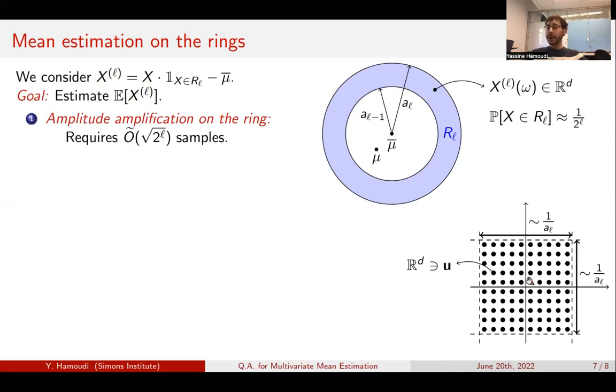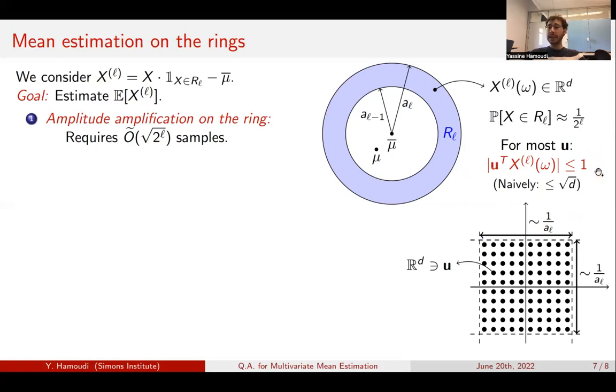So in particular, the radius of this hypercube is going to decrease when the radius of the ball we are considering is increasing. And the reason we decrease the radius of the hypercube is because of the following property, which is one of the most important properties of our algorithm.